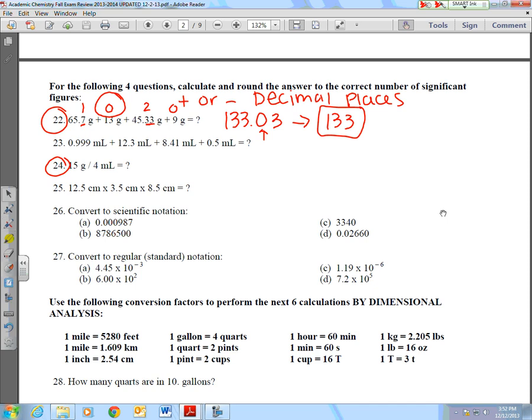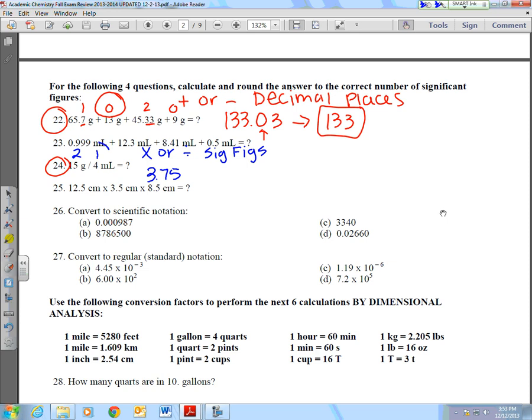Okay. So then with something like 24, if you're multiplying or dividing, this is when you look at Sig Figs, meaning like the whole digit. So in the number 15, how many Sig Figs in that number? 2. How many Sig Figs in the number 4? 1. So when I do 15 divided by 4, I get 3.75.